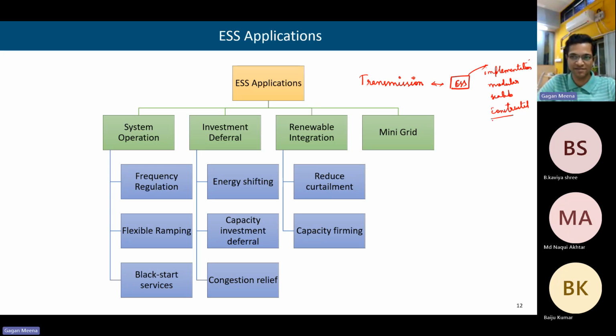Land is required for energy storage also, but it is less. And yes, implementation is fast. Very important thing. So if we can use energy storage and relieve the congestion on the transmission system, why do we want to build a new transmission line?